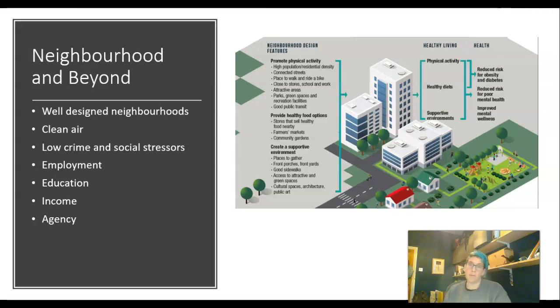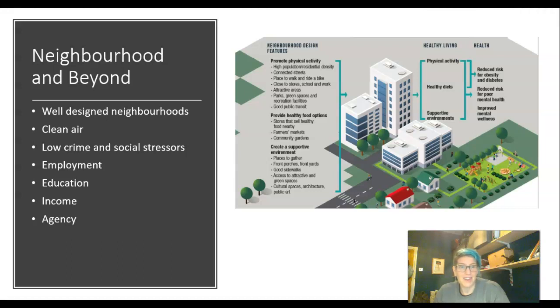So as I mentioned, a well-designed neighbourhood is important. Ideally you want a neighbourhood that supports people being able to walk and play and spend time outside and move between their home, their place of work, and the different services that they need, schools, medical facilities, shops, that kind of thing, in ways that are healthy.